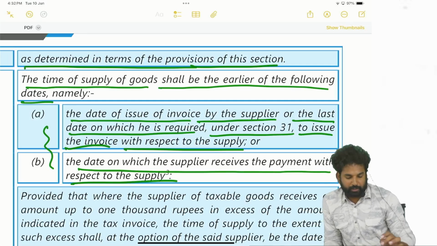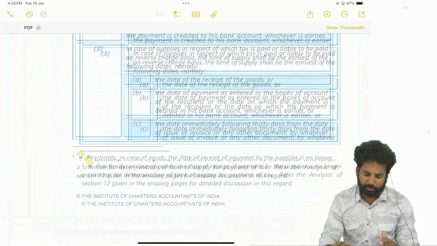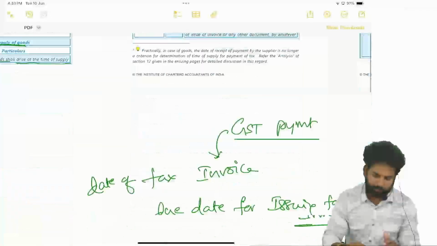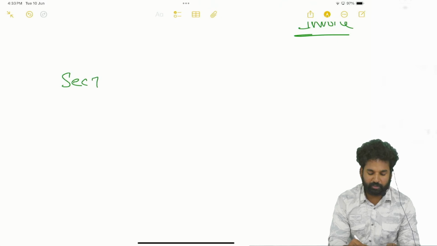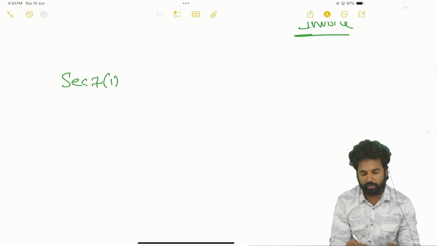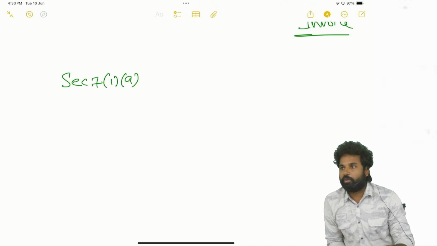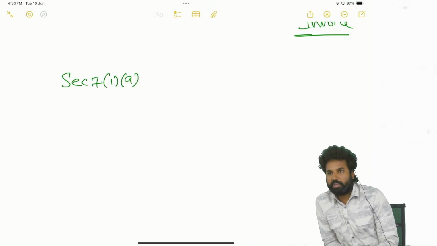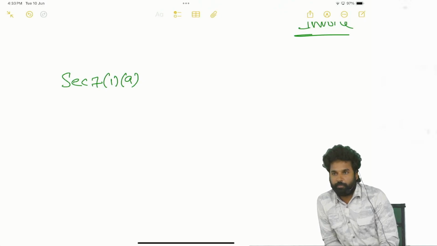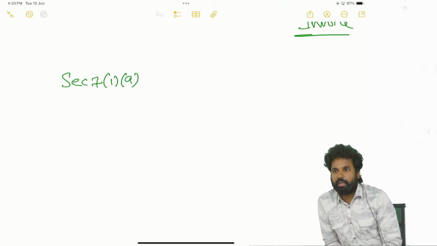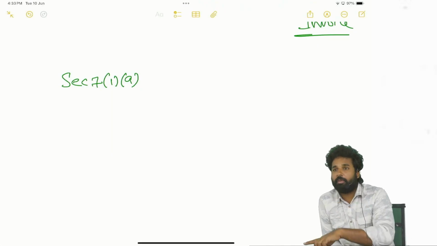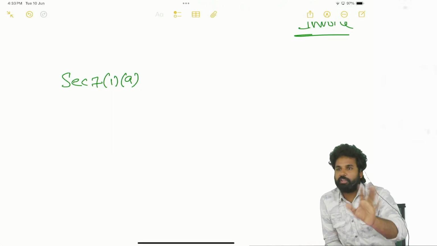Right. We already made a discussion with respect to this. In the definition of supply, section 7 subsection 1, clause A: supply includes all forms of supply such as sale, transfer, barter, exchange, lease, license, rental, disposal, made or agreed to be made for consideration in the course or furtherance of business.